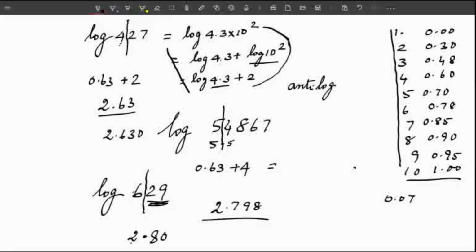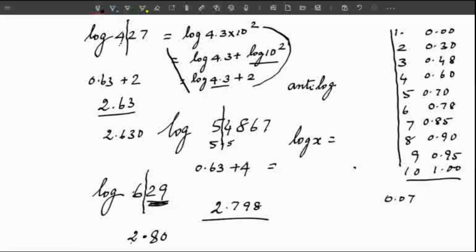Or you may come across it like this, log of x is equal to some number. First, we are going to take the anti-logarithm for numbers having digits and decimals.